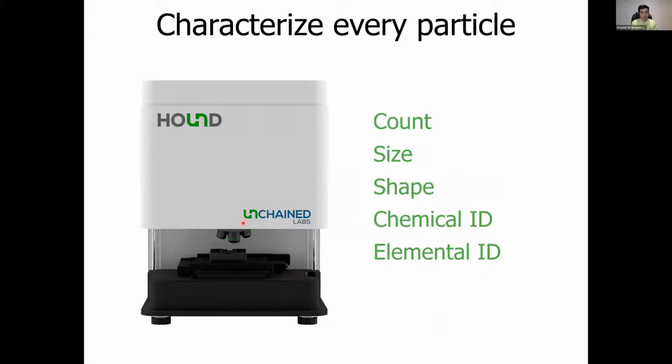Hound is an instrument that is capable of characterizing every kind of particles. It's a combination of microscopy with 3 different separate systems of spectroscopy, along with image and signal processing capabilities. It is able to count, size, and shape the particles, and also provides chemical and elemental identification of these particles.